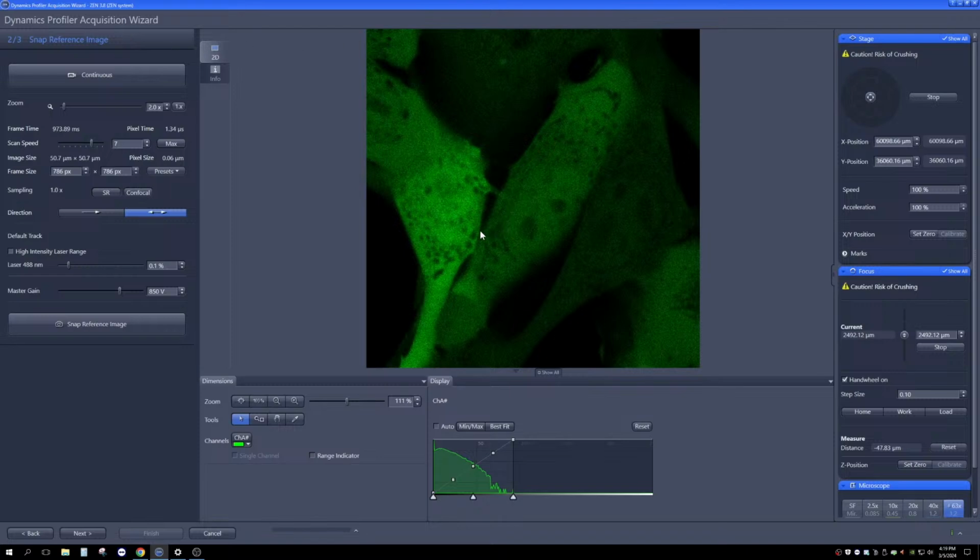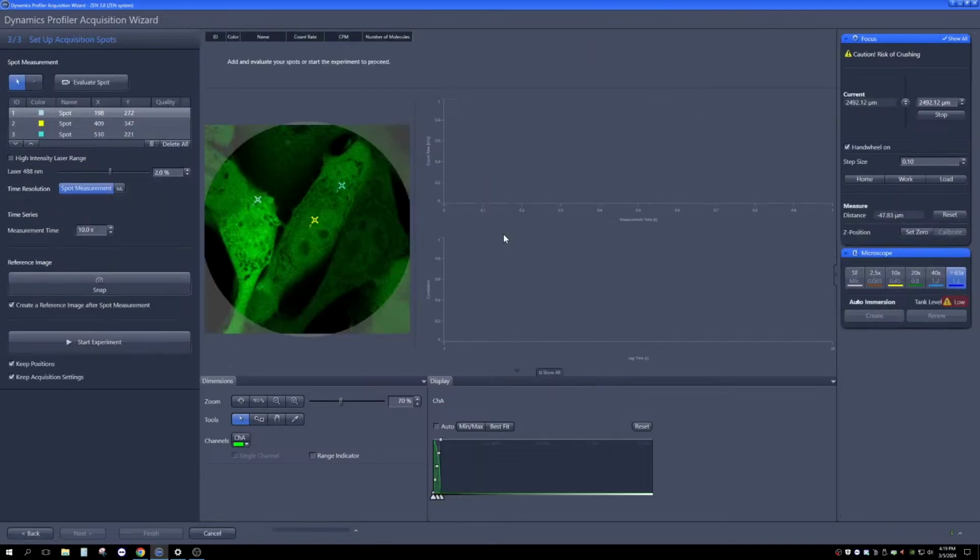If you have landmarks in a second color that you need, you can also take that here. Right now we just have green, but it's very easy to have, maybe, a counterstain with nucleoli in blue or something, and you would have that for reference, as you saw in some of the example images. I'm happy with that, but this really is nice to provide context to what we're measuring. We're not just hoping that we're in the same spot. We can see before and after our experiment where we measured.